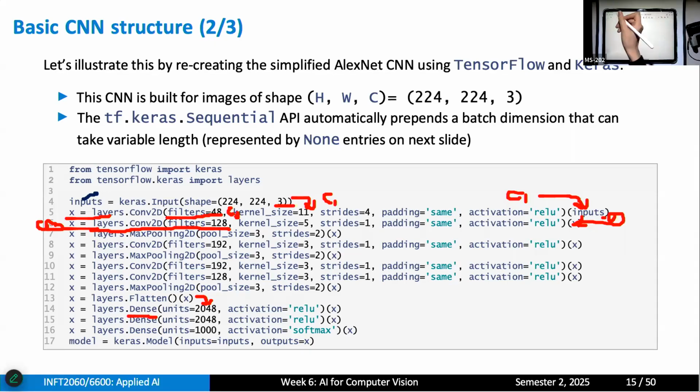Okay, dense layer parameter number. For the dense layer, the calculation is: the number of your dense layer's inputs plus 1, that's the bias, times the number of your outputs. Is that clear?